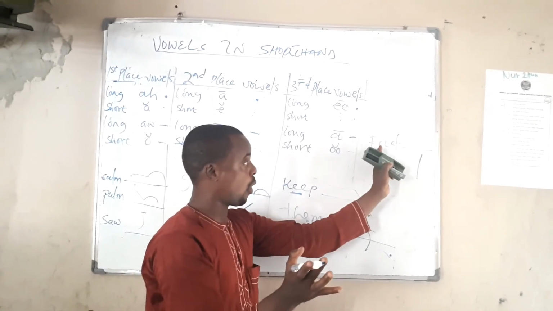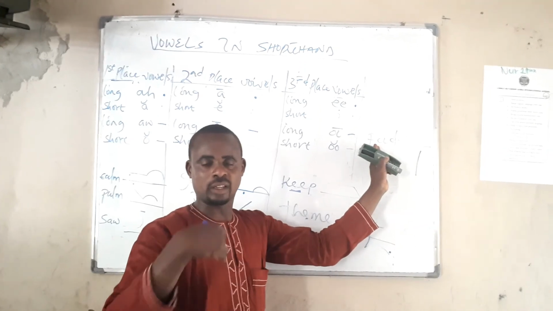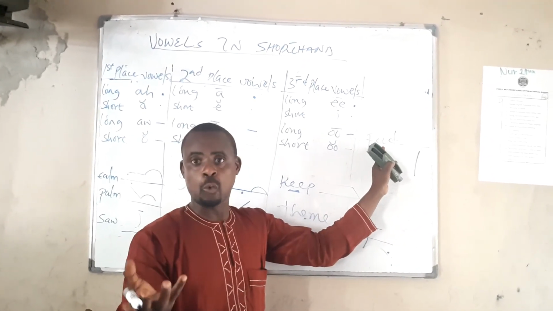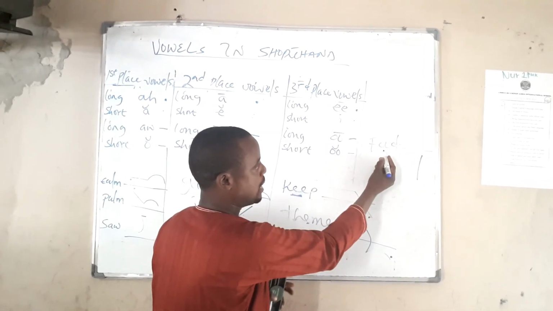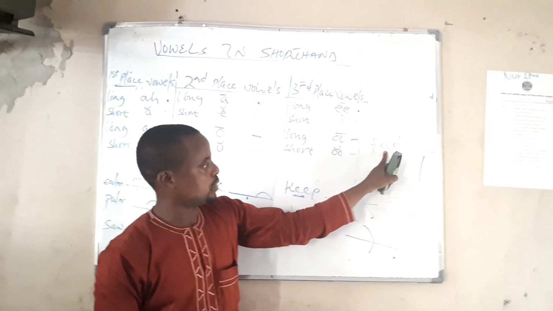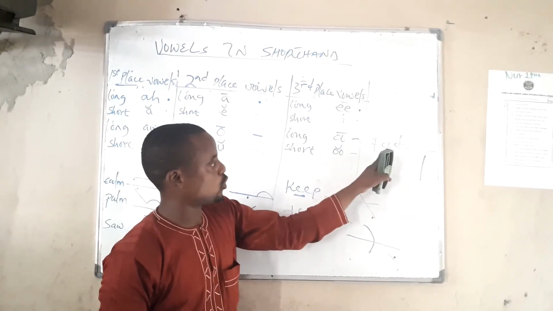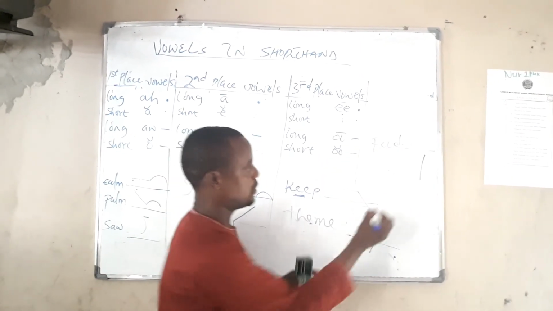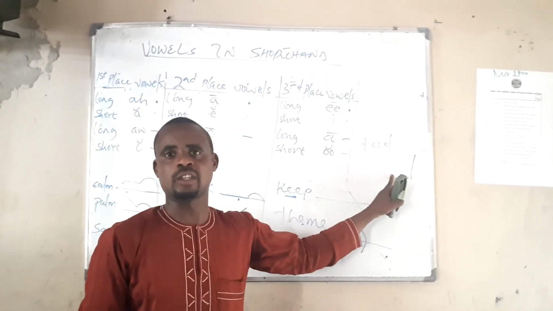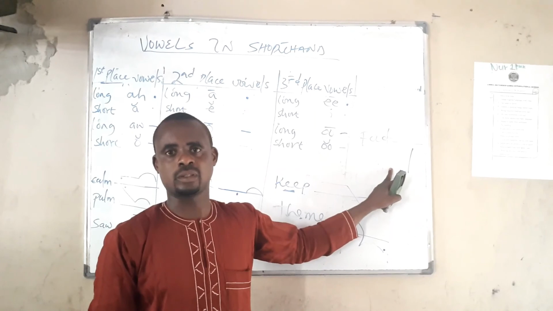Don't say this is O. In English spelling you can say this is O, but in shorthand this is U because it says food. So this is the sideflex vowel, which is long U. It comes between F and D. You have to place your vowel sign here inside the position of the second stroke. The second stroke is D.